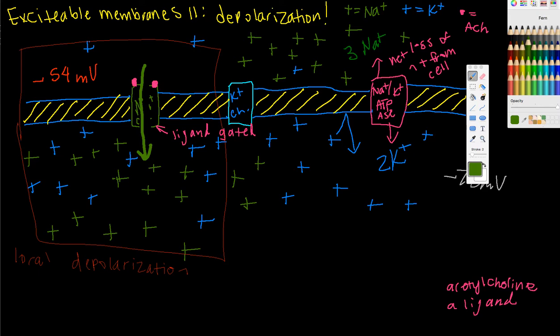I'm going to draw myself another voltage-gated sodium channel. So notice I said voltage-gated, meaning I'm changing the rules for it opening now. So this one is voltage-gated, meaning that it opens when membrane nearby it hits a certain voltage.